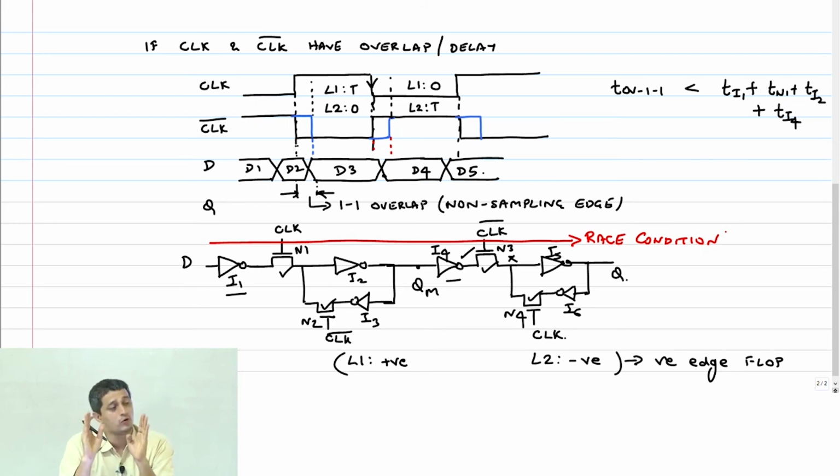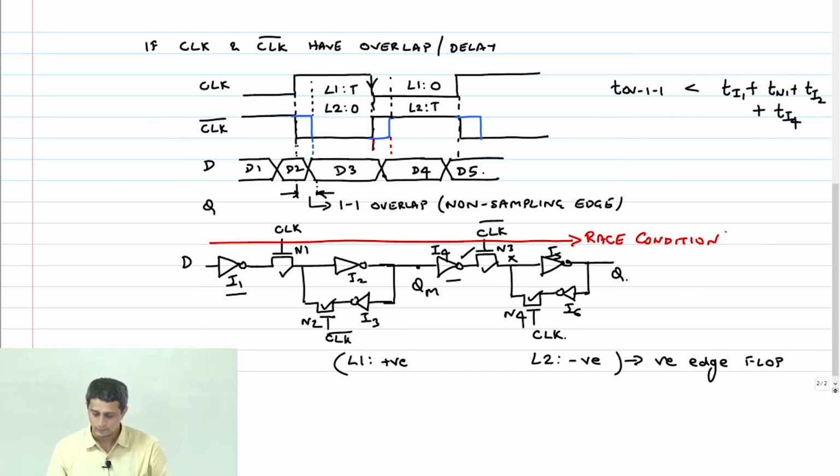You can be sure if you impose this condition here. Beyond that, there is a risk. You can tell the designer, you can tell the consumer of this flop, that look, don't go beyond this overlap time. For sure, it will work. But beyond that, there is a risk. But in reality, you're right. As I told you, the edges are not ideal, and all of this is not ideal, right? In that case, the number will be in between considering N3 and not considering N3.